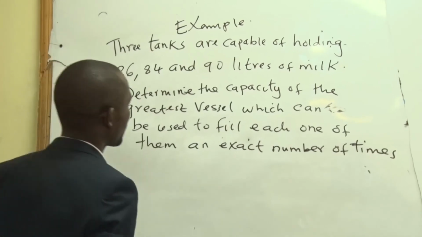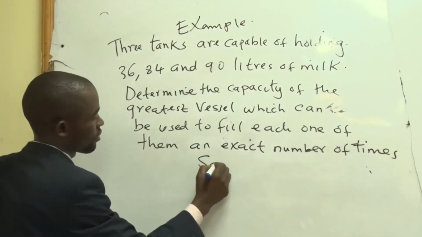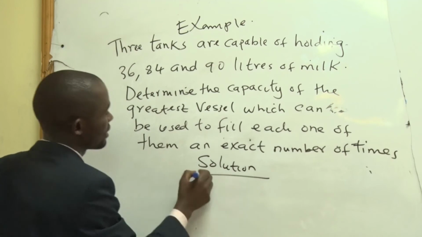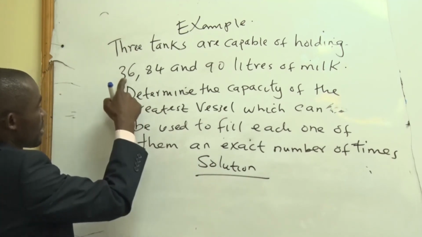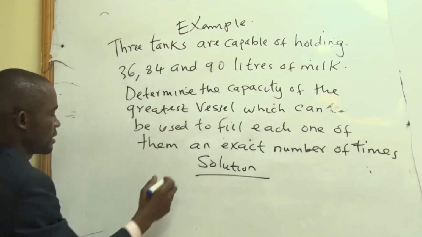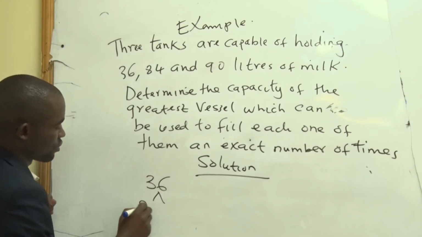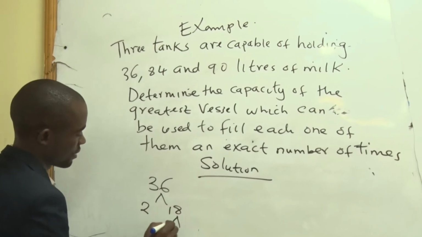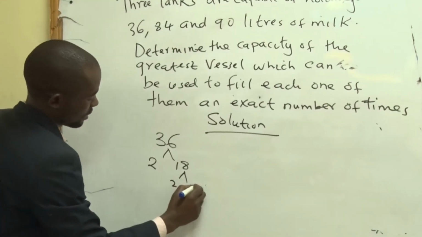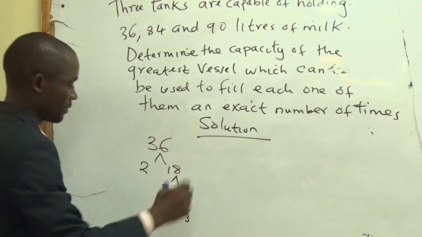So basically what you will do here is to get the GCD. So the solution will be, you get the GCD, and we have 36, 84, and 90. The factors of 36: 2 times 18, 2 times 9, 3 times 3.